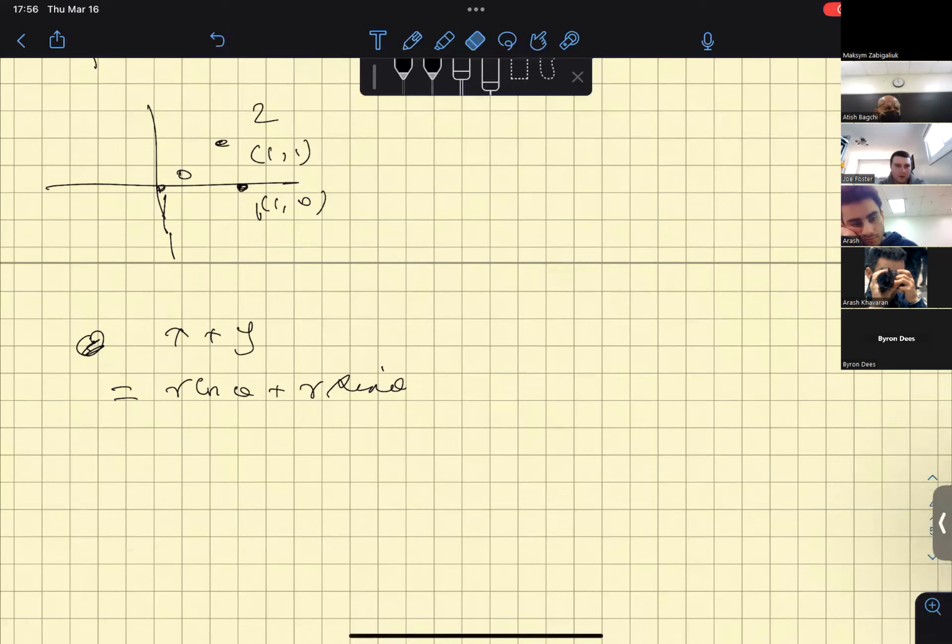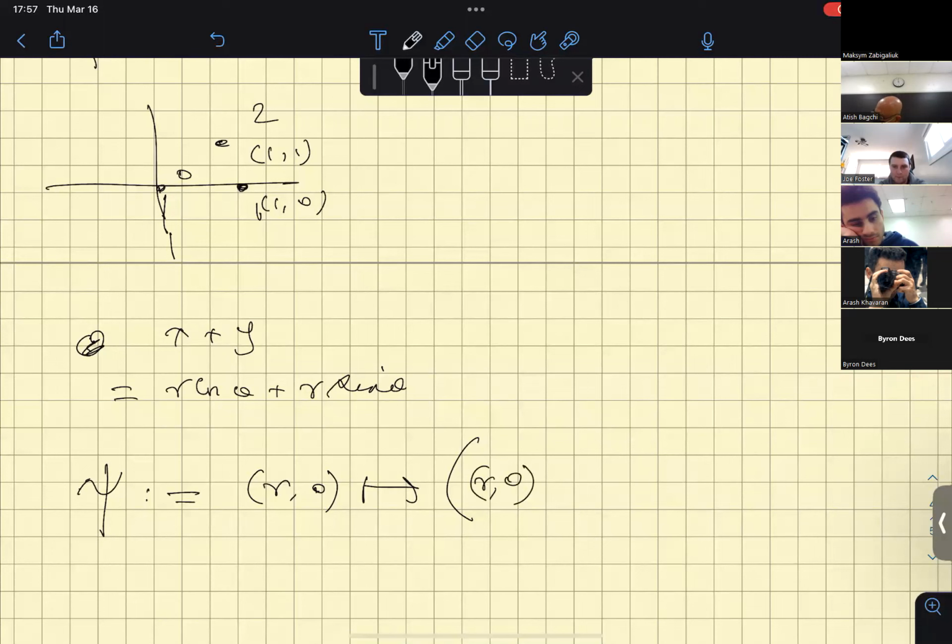So the description of the same field in the r theta coordinate system would be T, which is equal to r theta going to r theta, comma, r cosine theta plus sine theta.